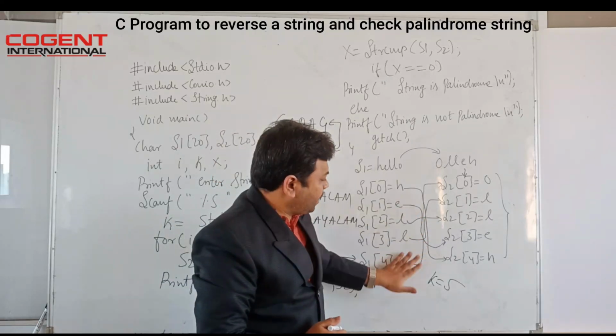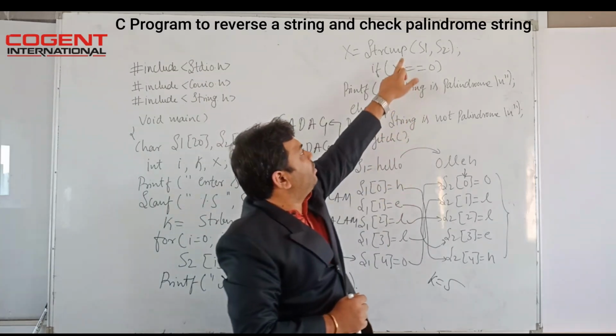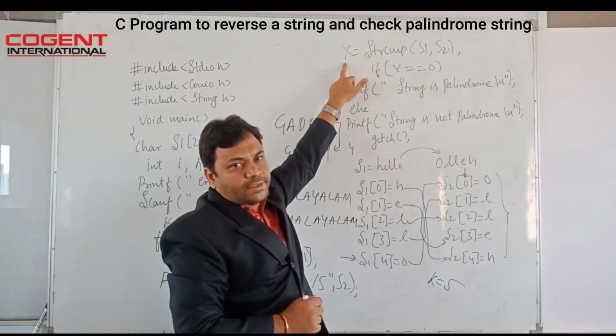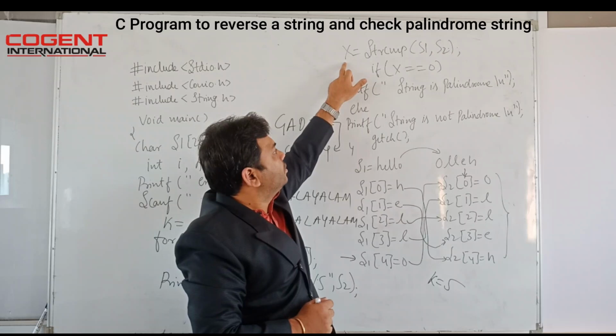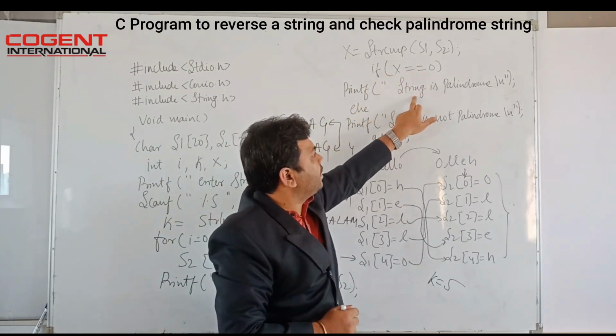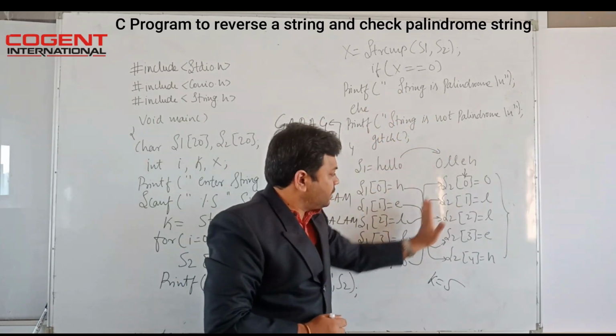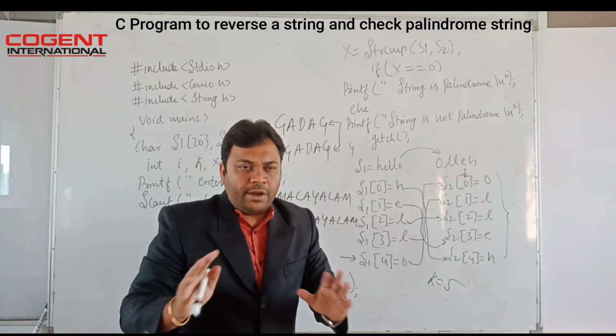In this case the two strings are not equal here, so it won't return 0 to this x value. So if x is equal to 0, it will print the string is palindrome, else the string is not palindrome. In this case, the string is not a palindrome here.